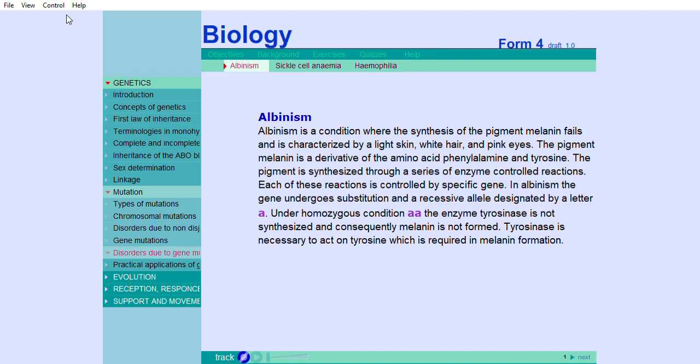In albinism, the gene undergoes substitution and a recessive allele designated by a letter small a. Under homozygous condition, double small a, the enzyme tyrosinase is not synthesized and consequently melanin is not formed. Tyrosinase is necessary to act on tyrosine, which is required in melanin formation.